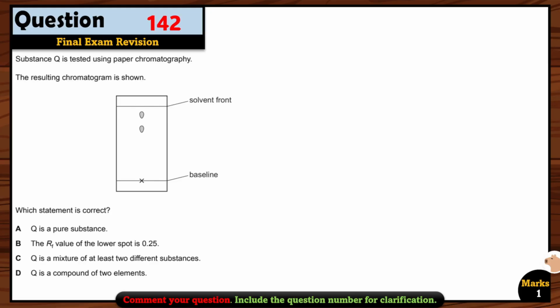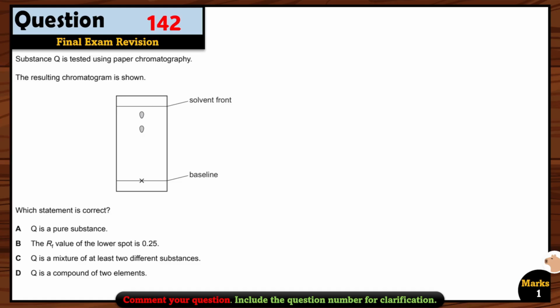Which statement is correct? Q is a pure substance. What is chromatography used for? Chromatography is used to separate the mixture present in a compound, or the mixture of elements. Actually not a compound, but the mixture of elements you can separate easily through chromatography. And what is the principle behind it? It is the solubility. According to their solubility in a particular solvent, you can separate them.